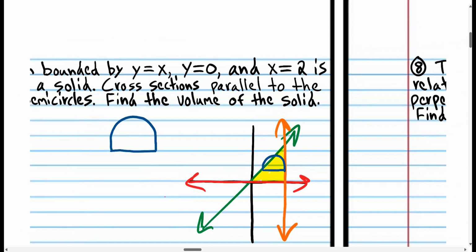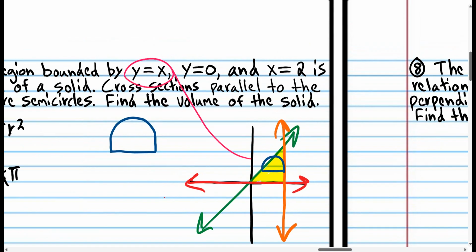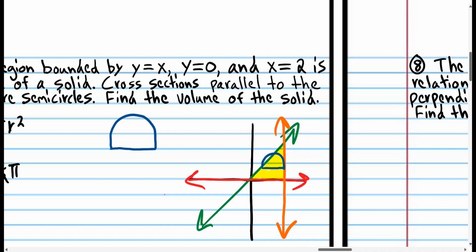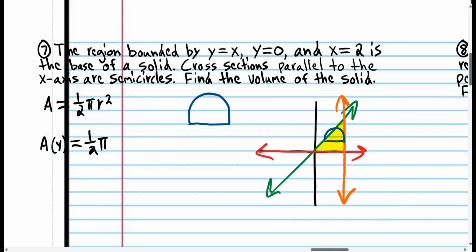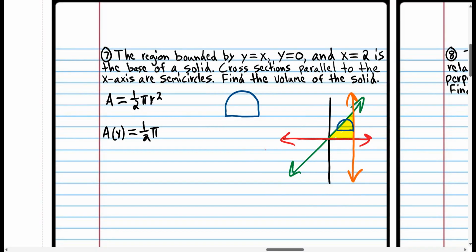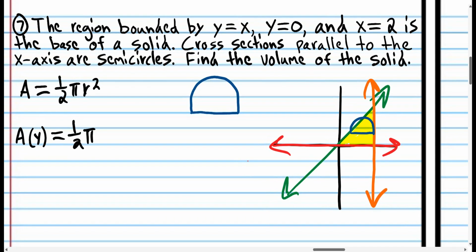Now, how do I know that's y? Because if you write x in terms of y, of that green line, it's just going to be y. So the diameter of the semicircle is 2 minus y. Okay, so 2 minus y is diameter, and the radius is going to be half that.